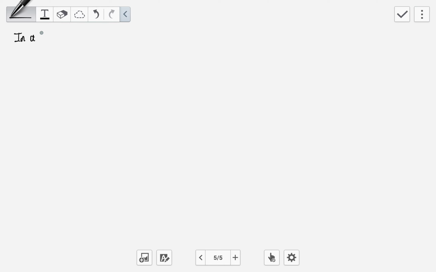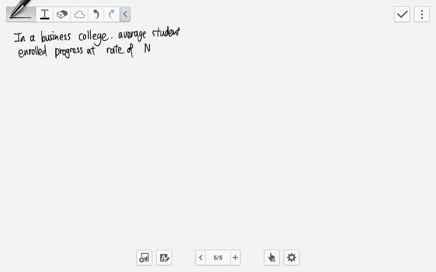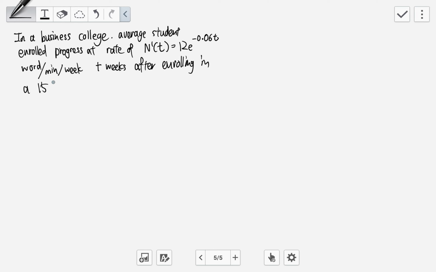In a business college, the average student enrolled progresses at a rate of n prime t equals 12 e to the power of minus 0.06 t words per minute per week, t weeks after enrolling in a 15-week course.